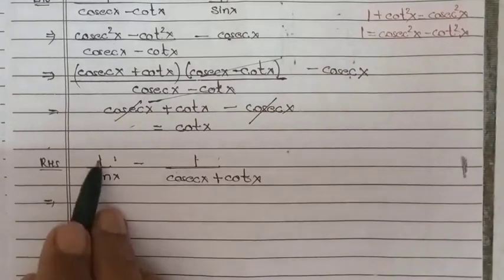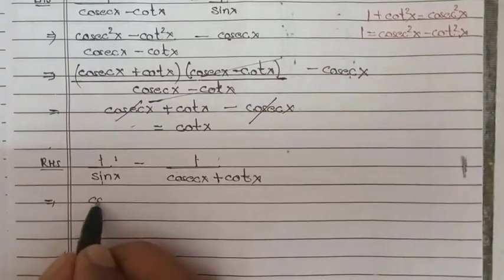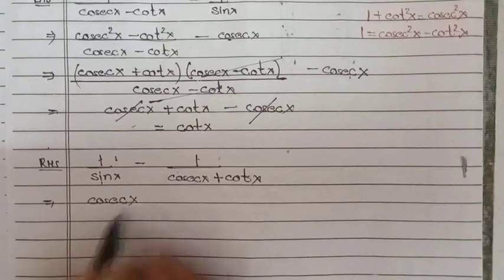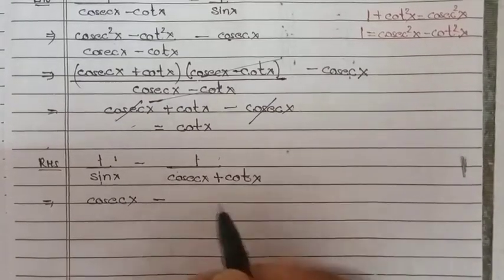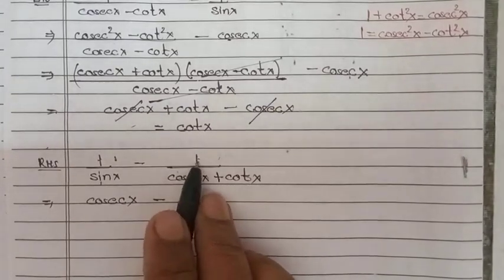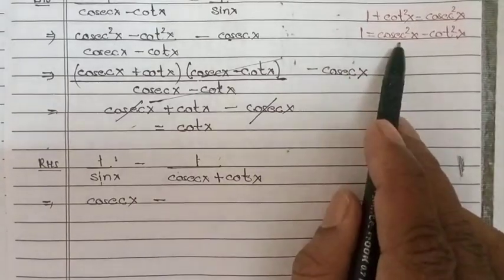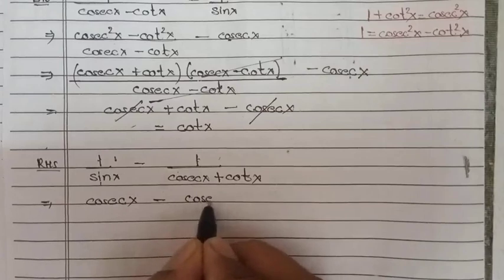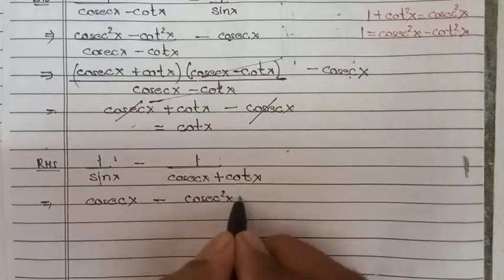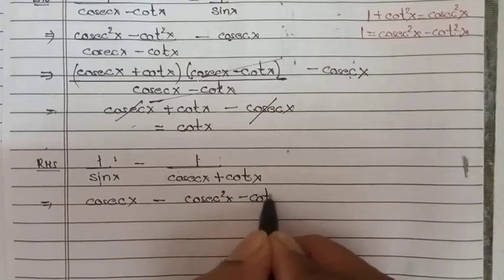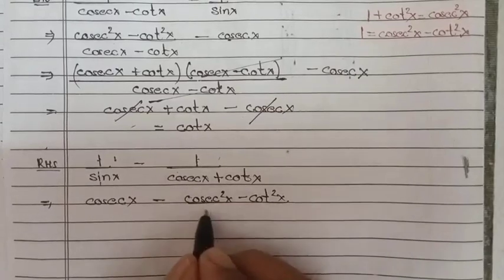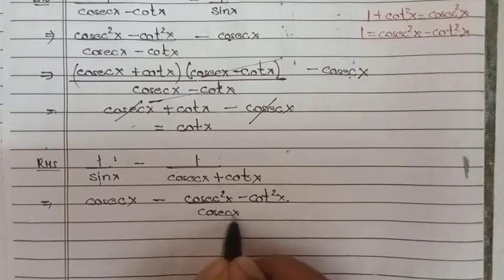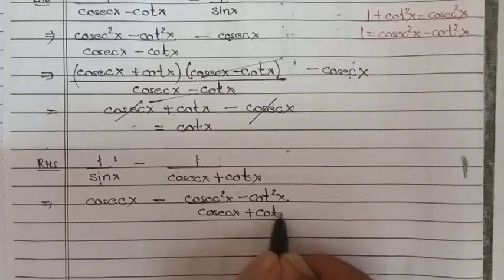Now this 1 upon sine can be written as cosec minus, now again using the identity here, 1 can be replaced with cosec square minus cot square. So 1 will be replaced with cosec square minus cot square whole upon cosec plus cot.